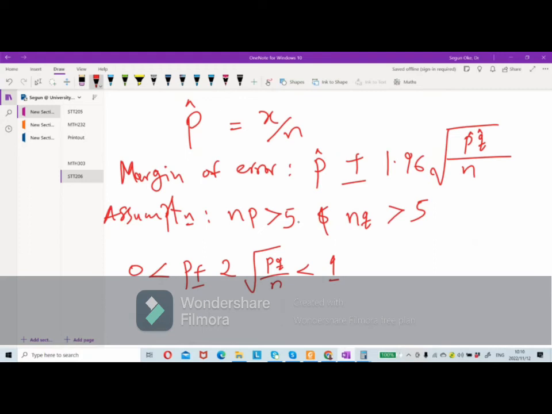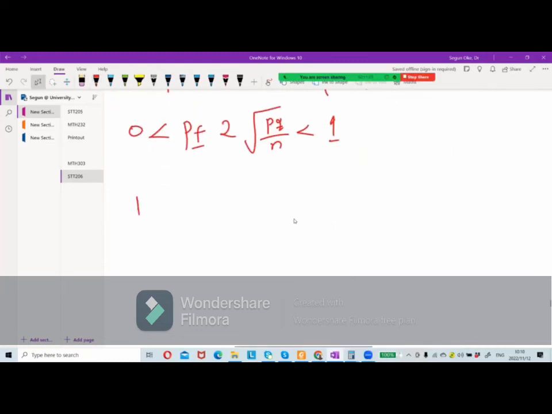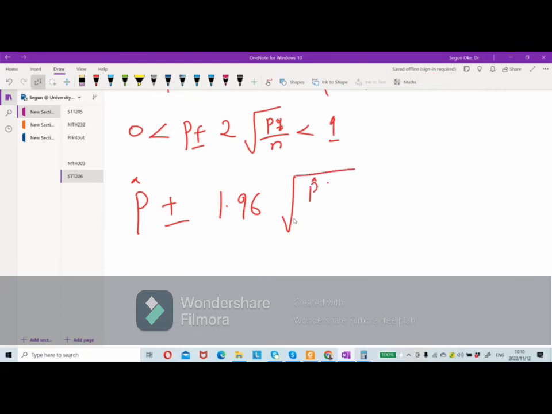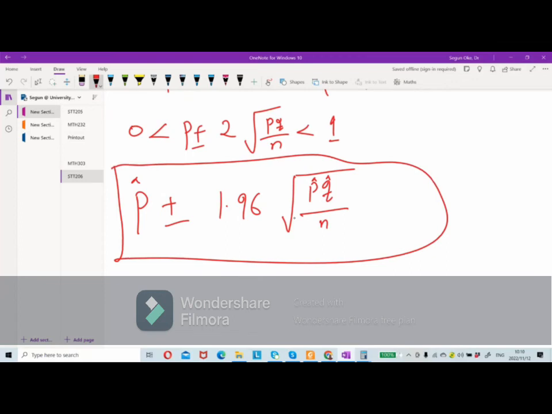But the major thing we're checking is P cap plus or minus 1.96 square root of P cap Q cap over N. Remember, everything is based on the 95% confidence interval.